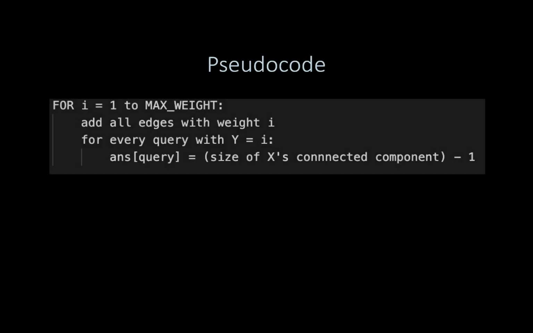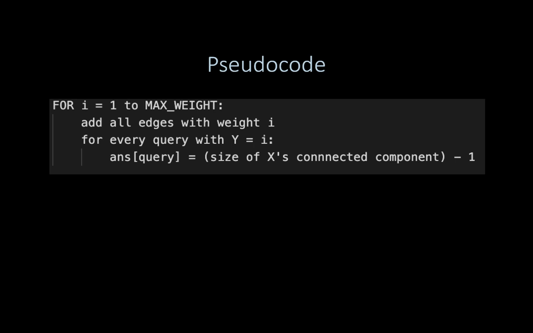Okay, so the pseudocode goes something like this. For each value i, ranging from 1 up to the max weight in that order, where max weight is the maximum weight of any edge or any query in our graph, first we add all edges with weight i, and then for every query where the y value is equal to i, we will answer that query by looking at the size of x's connected component.